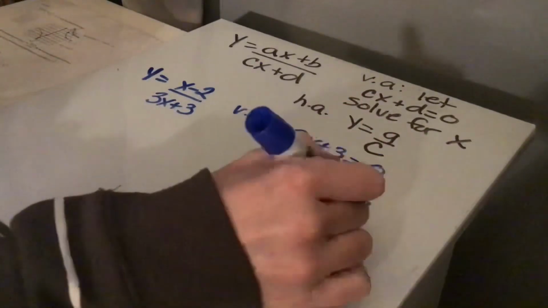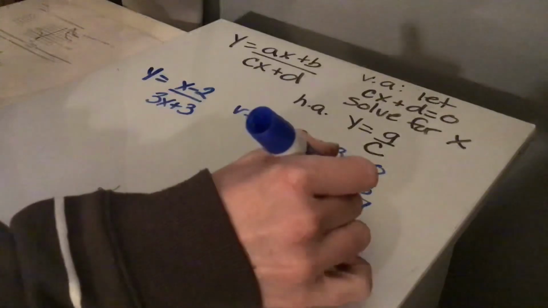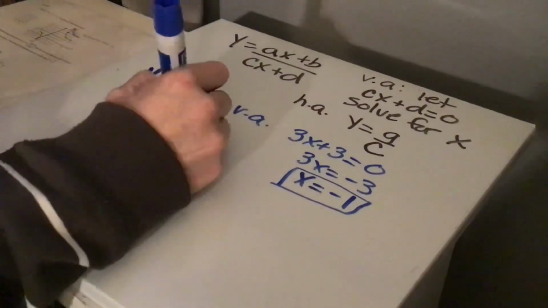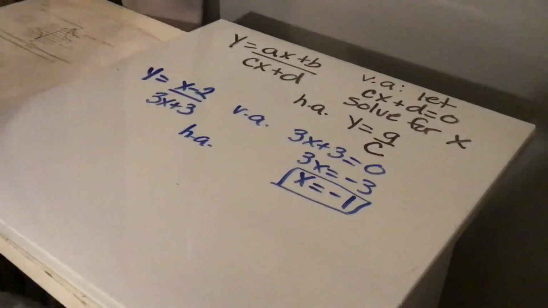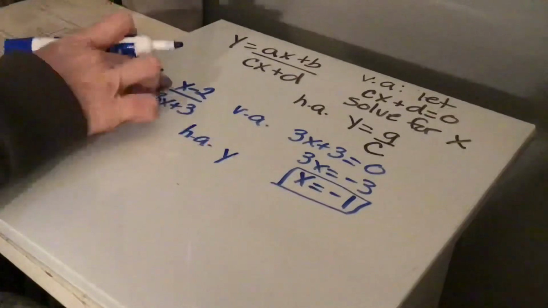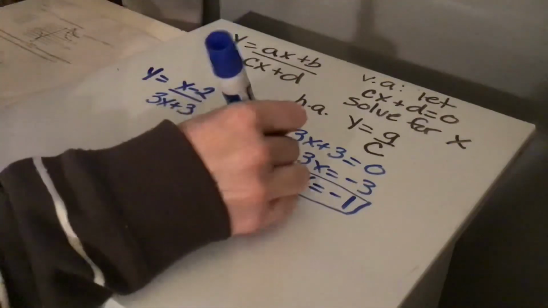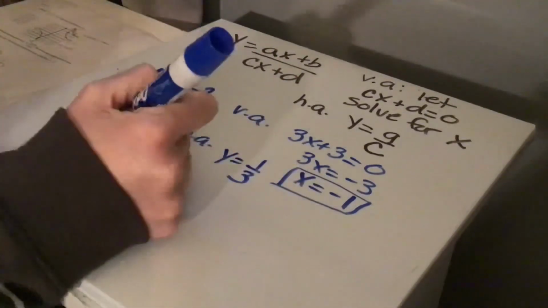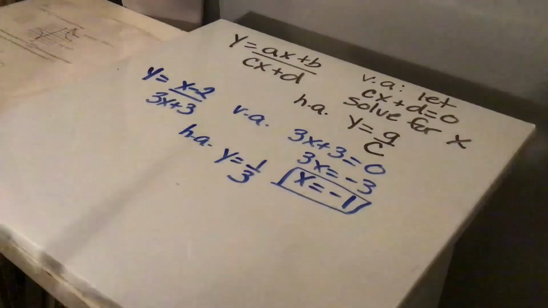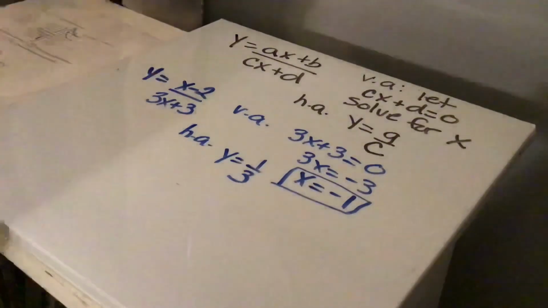This is our vertical asymptote because if x equals negative 1, 0 is in our denominator. Our horizontal asymptote is a ratio of the leading coefficients. So this is a 1x and a 3x. So 1/3 would be our horizontal asymptote.